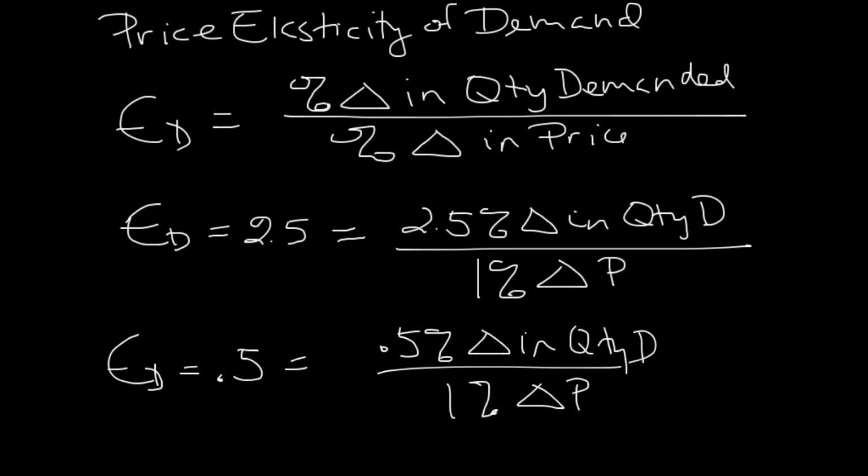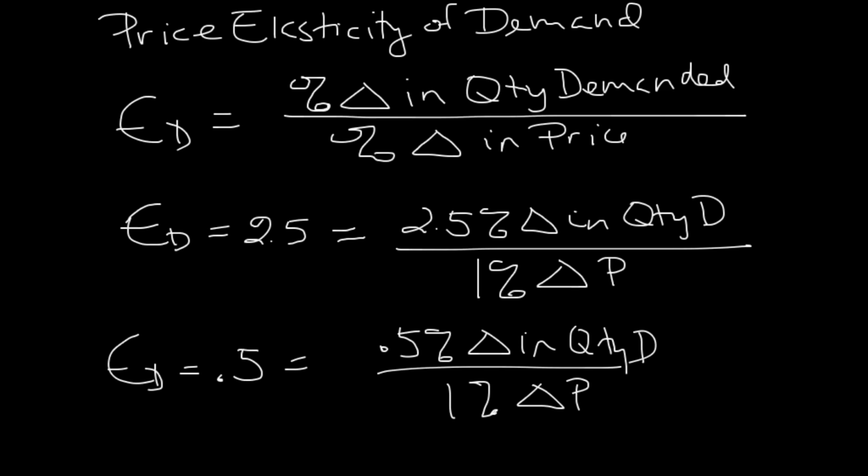So that gives you some idea of what the measure is trying to tell you. A 1% change in price will cause a 0.5% change in quantity demanded if the elasticity of demand is 0.5, okay? Now, we're going to show you how to actually calculate the elasticity of demand.